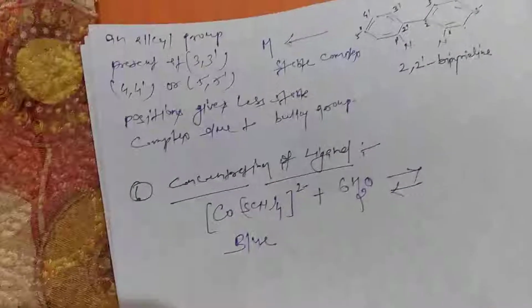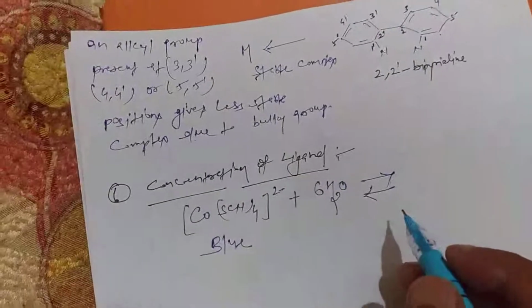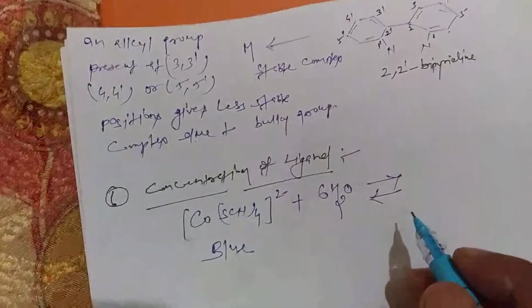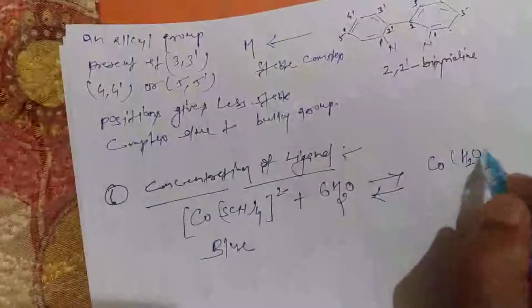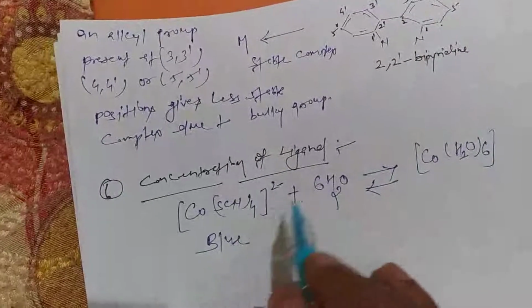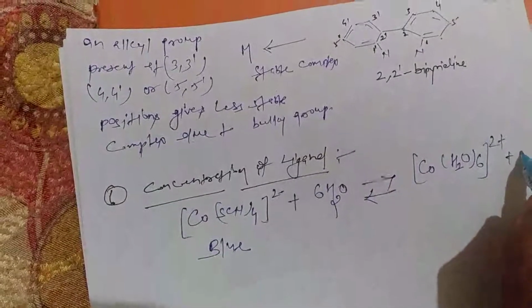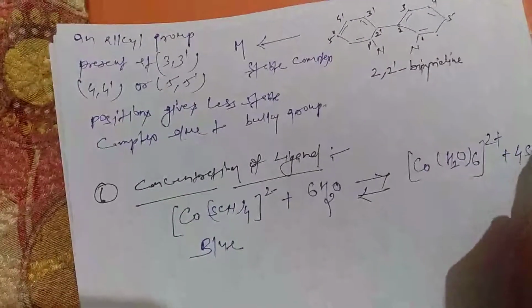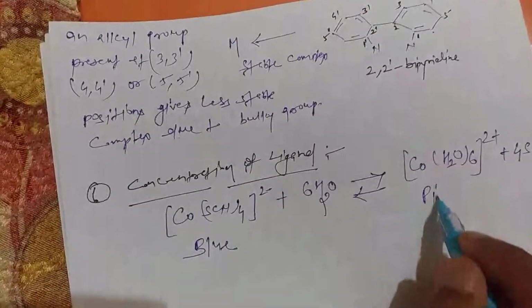Certainly the blue color will disappear, or actually it will convert into pink color because of Co(H2O)6 2+. Here you can see the ligand is substituted, and the color is changed. So this color is now pink.